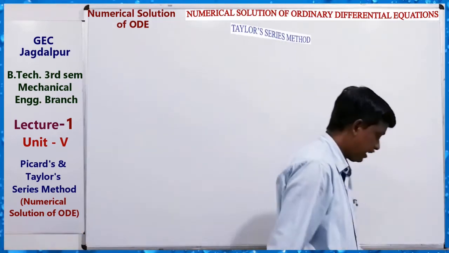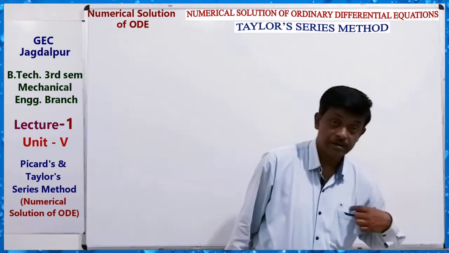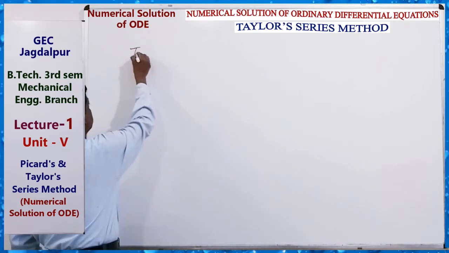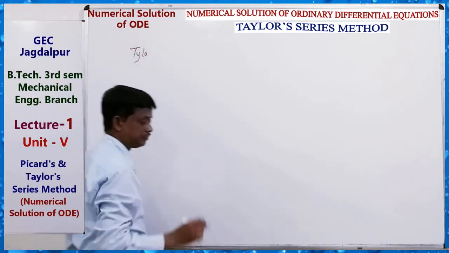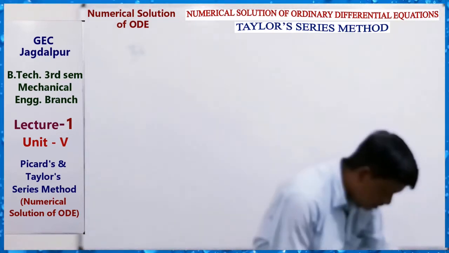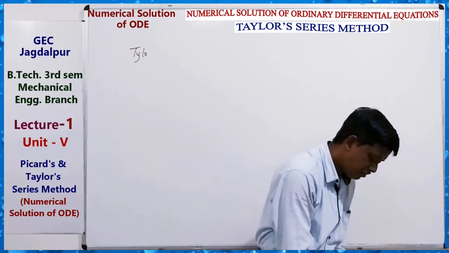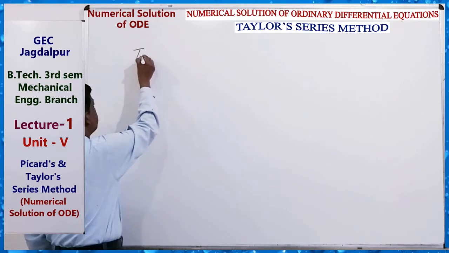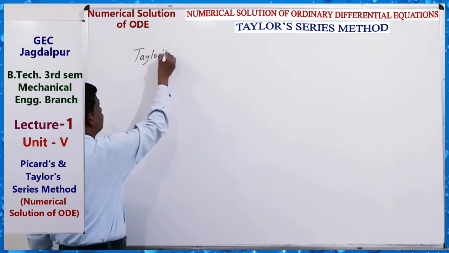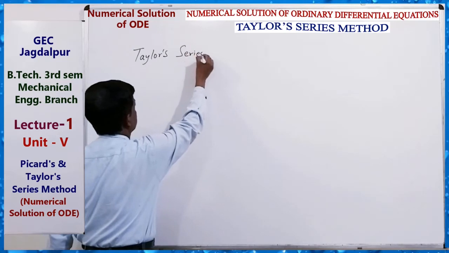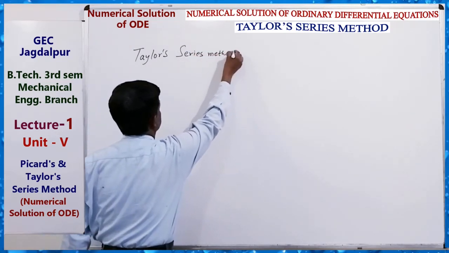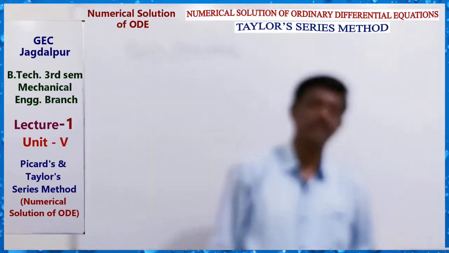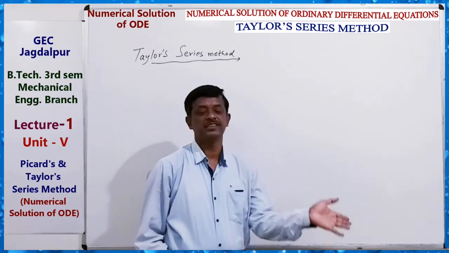Now, the second method is the Taylor series method. The Taylor series method also gives the value of y as a series.